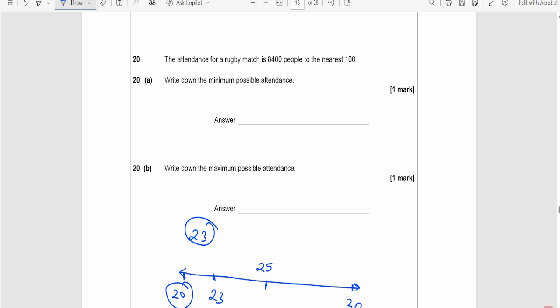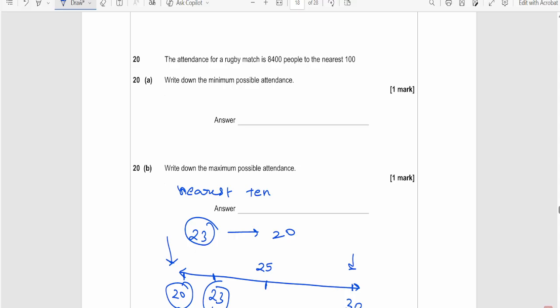So if you round 23 to the nearest 10, you will get 20, because 23 is closer to 20 than 30. So we write the previous multiple of 10 and the next multiple, 20 and 30, and then we check which number it is nearer to. That's our answer.